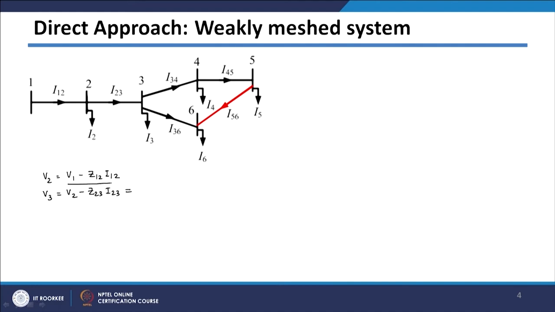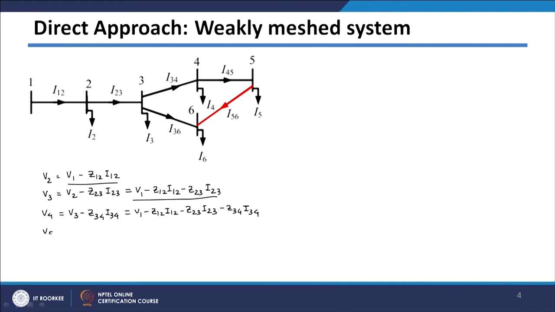V2 is already calculated, so the same thing I can write: V1 minus Z12 into I12 minus Z23 into I23. Similarly, V4 will be equal to V3 minus Z34 into I34. V3 we already got, so it will be V1 minus Z12 I12 minus Z23 I23 minus Z34 into I34.